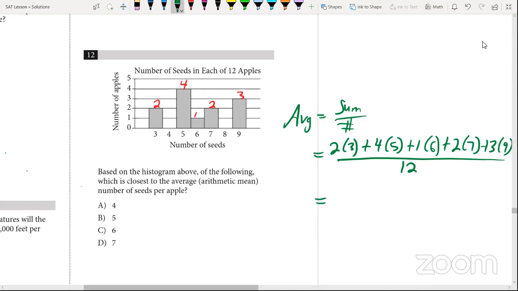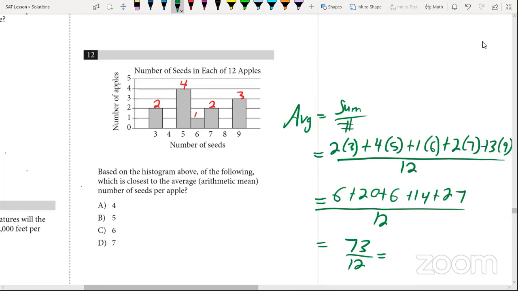So the sum over the number is going to be just all this calculated out: 6 plus 20 plus 6 plus 14 plus 27, all divided by 12. So you have 73 on the top, 12 on the bottom.